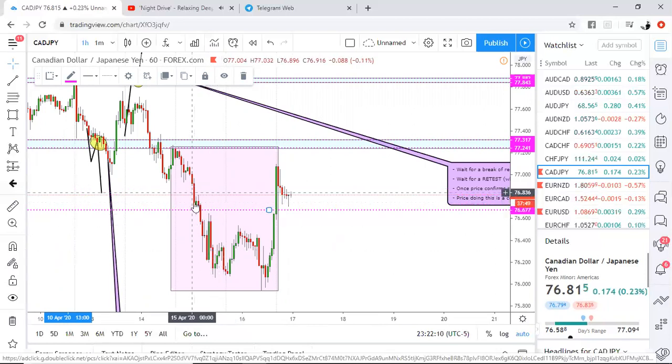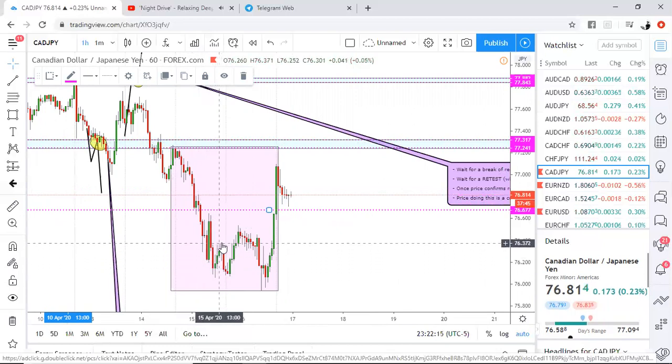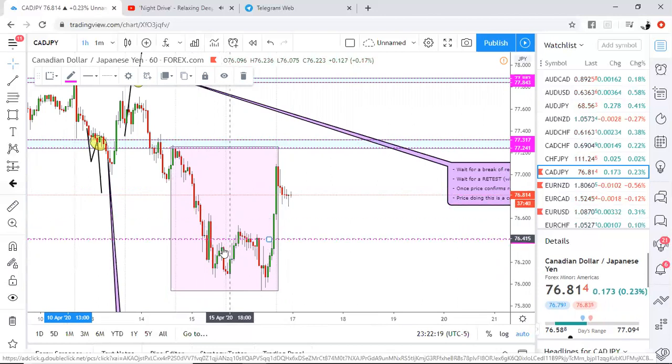So now you're capitalizing on every single portion. And then when price finally moved all the way up here, started to move again, I would have moved it down here too, just above this wick.